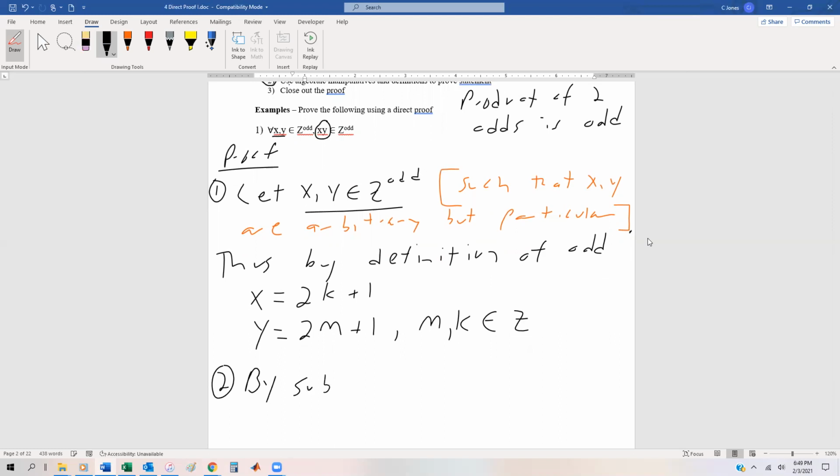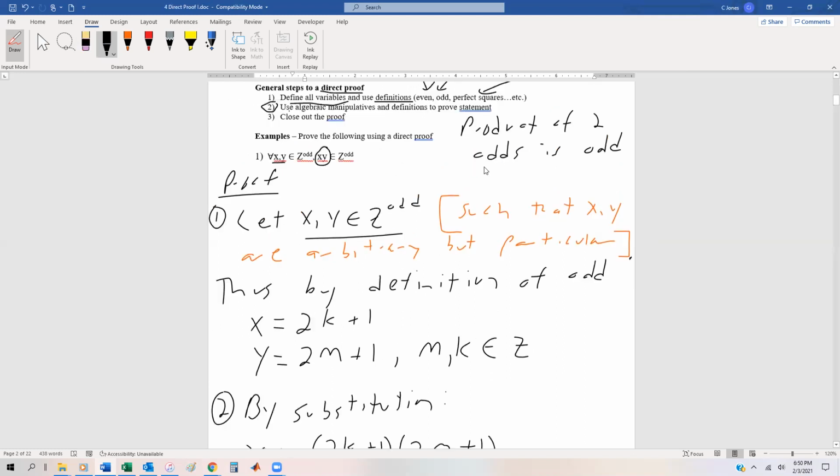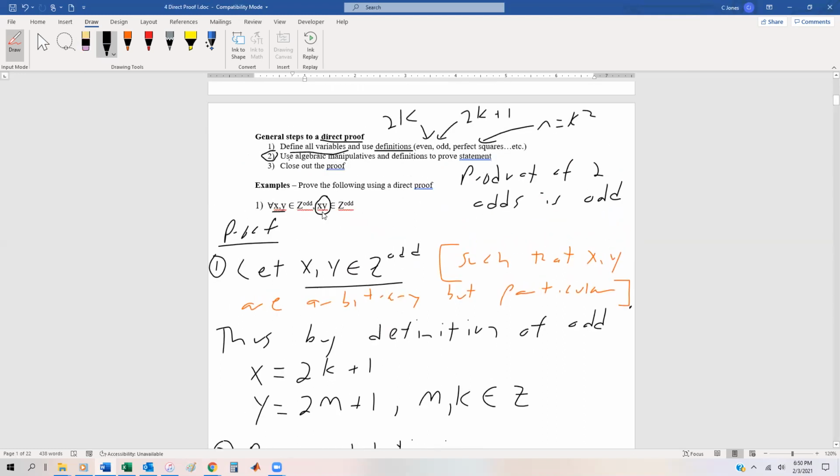By substitution, xy is going to be equal to 2k plus 1 times 2m plus 1. All we're doing is substituting back into the original conclusion that xy is an odd integer.